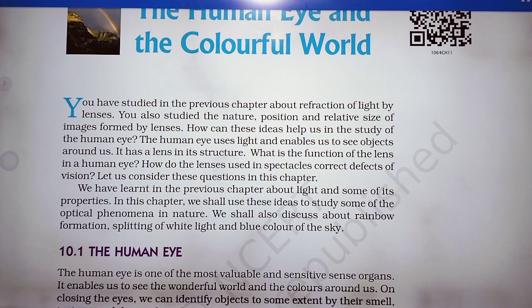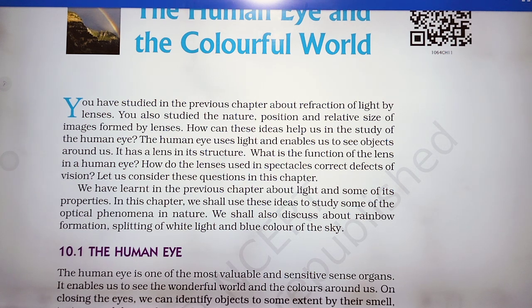It has a lens in its structure, so what is the function of the lens in the human eye, and how do the lenses used in spectacles correct defects of vision? All of this we consider in this chapter.